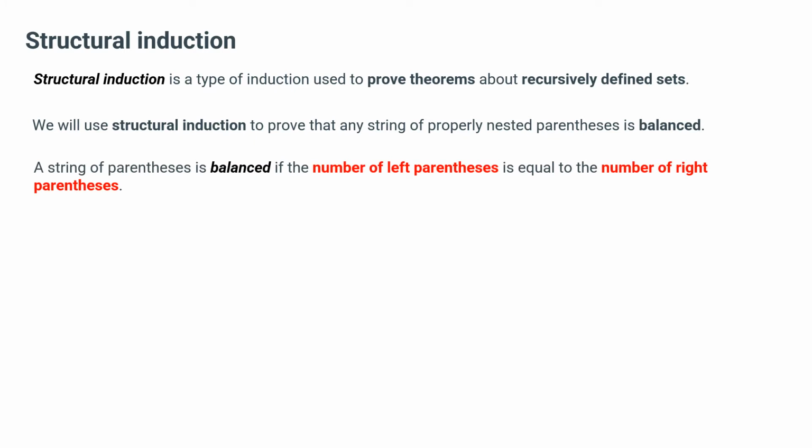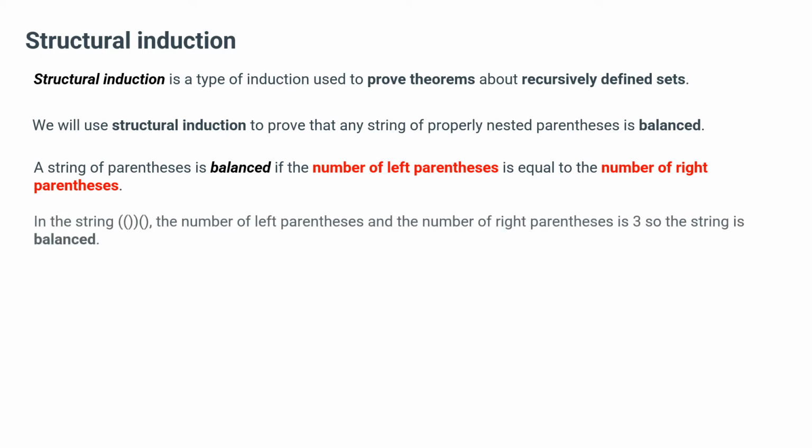So first of all, we would say that a string of parentheses is balanced if the number of left parentheses is equal to the number of right parentheses. That's what we would guess that meant, probably, right? Now in this case here we see this string of parentheses, and we can take a look at that and realize that that is what we would consider properly nested.